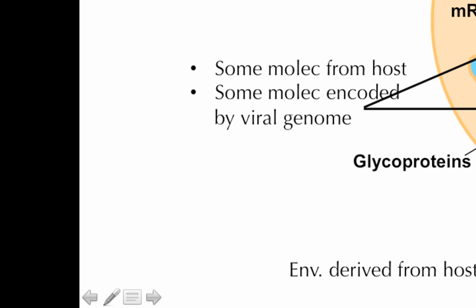So viruses that use RNA as genetic material sometimes are retroviruses. This is not a retrovirus because RNA stays as RNA the whole time. Retroviruses actually take their RNA genome, and they have an enzyme encoded in their genome called reverse transcriptase.